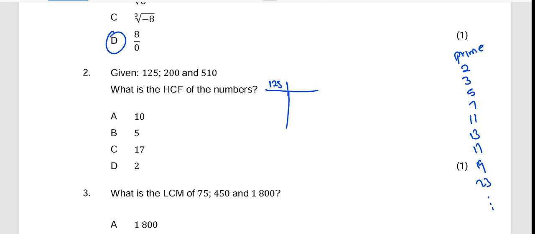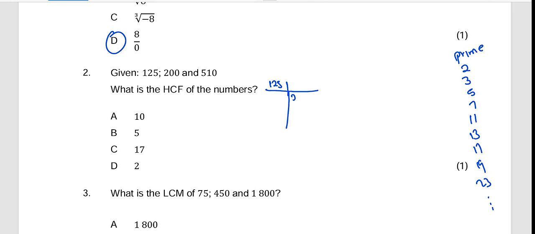So let's get started. Does 2 go into 125? No. How about 3? Let's check 3 with my calculator. 125 by 3, no. So let's proceed to 5. 125 by 5 is 25.